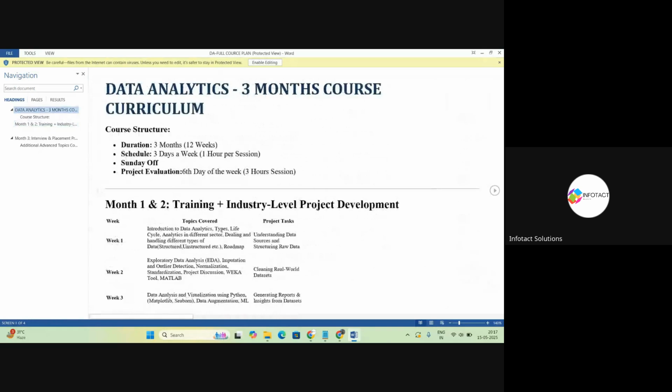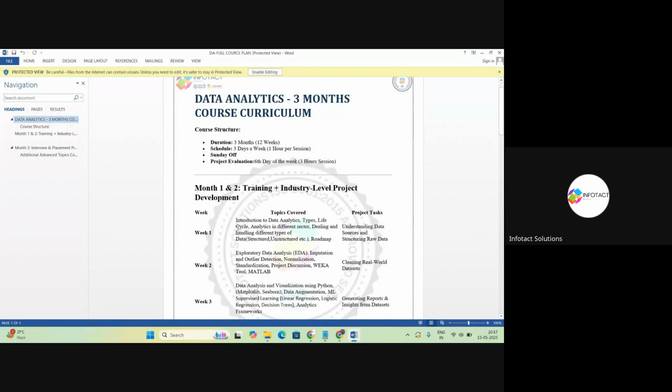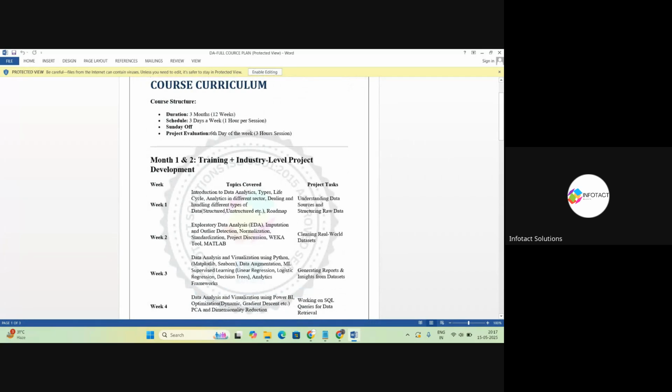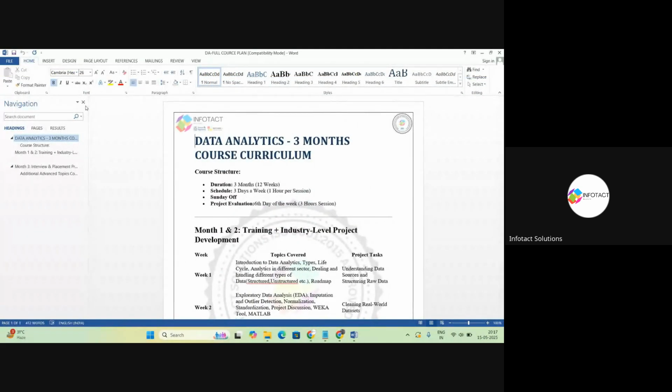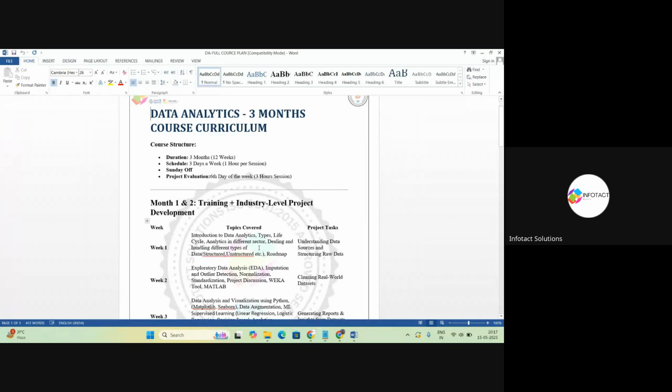See, we are discussing the life cycle. Now, analytics in different sectors, dealing and handling different types of data, structured, unstructured, roadmap.